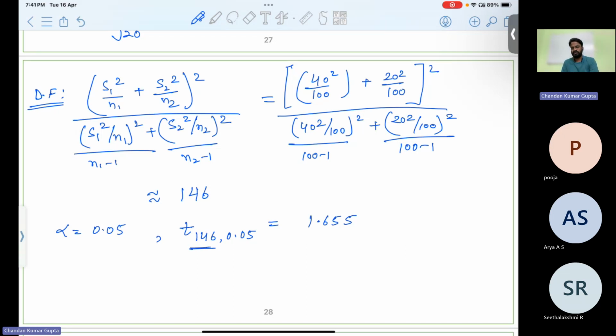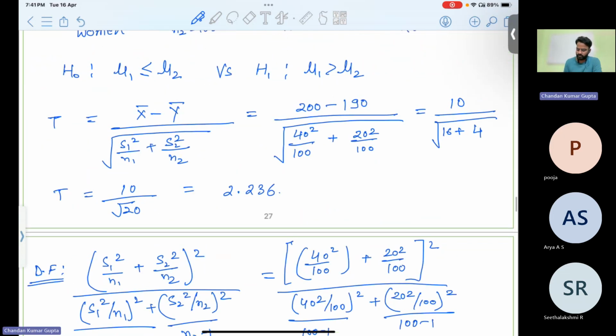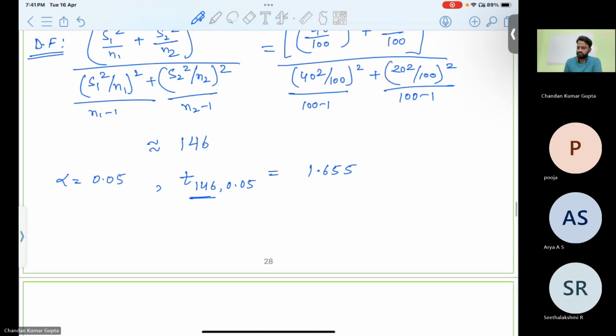So it is approximately the normal value. You may use the normal table or the t table as well. Okay, so we come to 1.64 and our statistic is 2.236. So that means the calculated value is greater than the tabulated value.